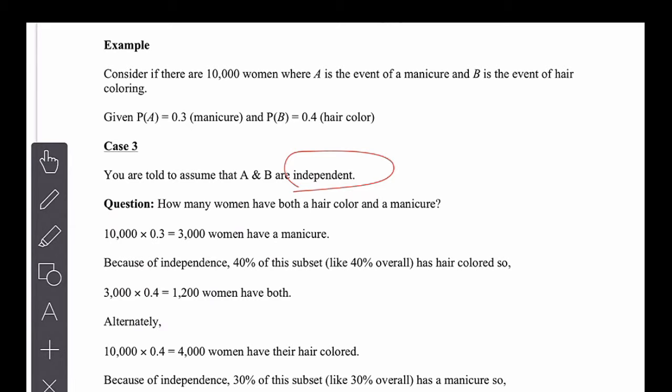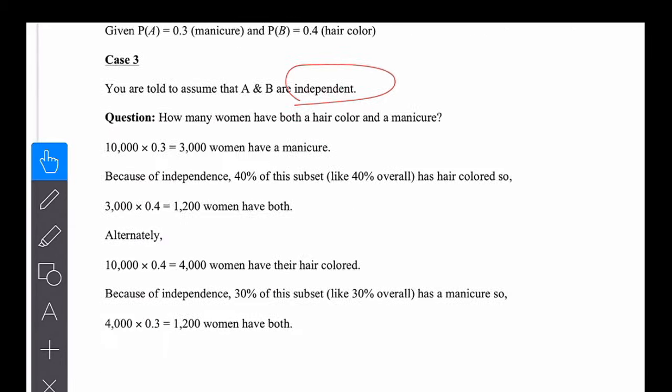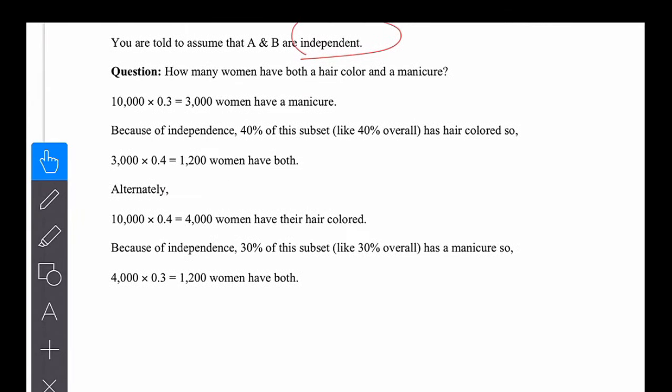I can also do it the other way. Of the 10,000, taking 40% would be 4,000 women. Of this subgroup of 4,000 women, 30% of them should have a manicure as well.